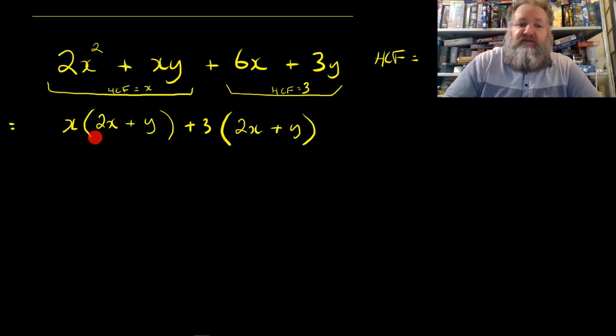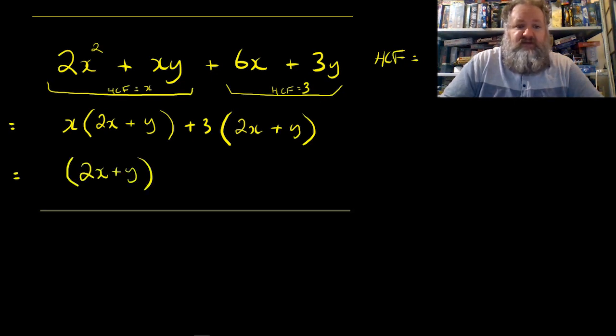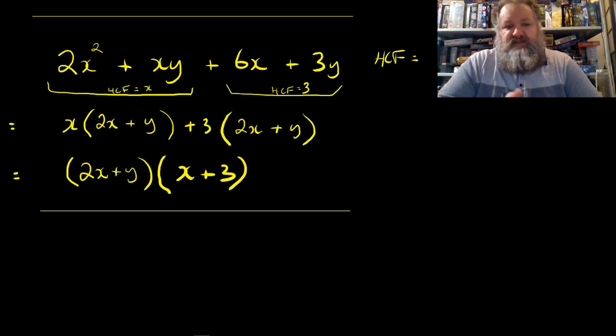I'm going to take that common factor, 2x plus y, and write that out the front of my new factors. I'm then going to open up a new pair of brackets and write what's left. What's left is x plus 3. Okay, so as you can see, factoring by grouping got us to the answer when we couldn't find a highest common factor to start with.